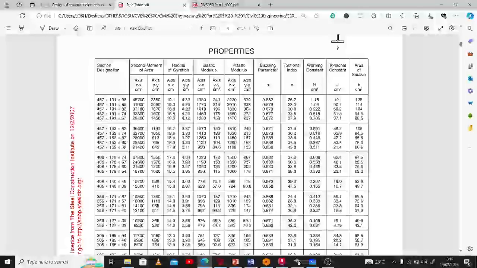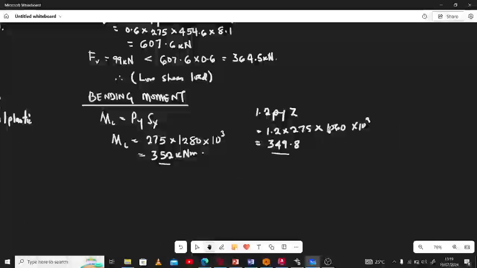The elastic modulus is 1120. So that's the elastic modulus, 1120. That's what we're supposed to use.